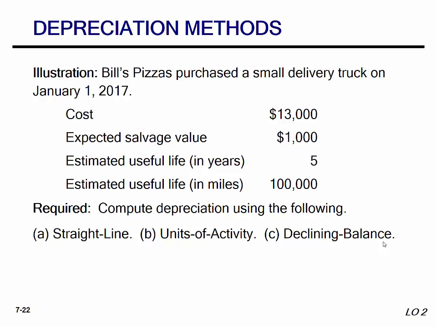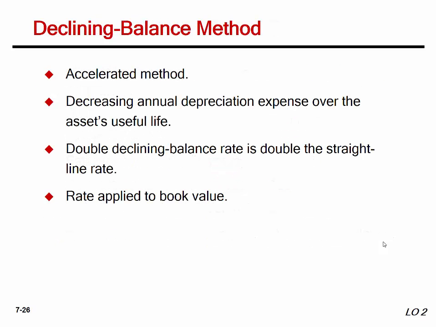For example, 150% is one that some of my accounting majors will see in their upper level courses. But again, for our class, we're going to do a double or 200% declining balance method. All right, so let's go forward with our information.